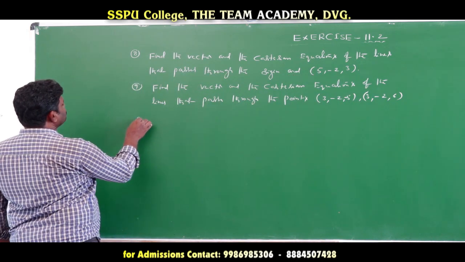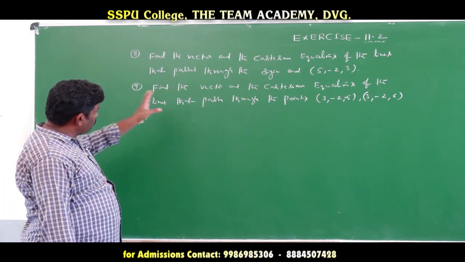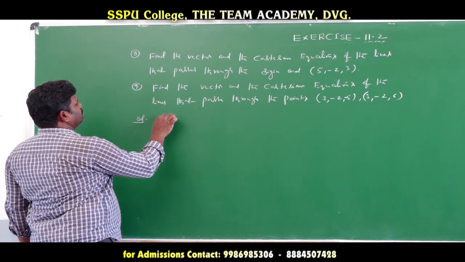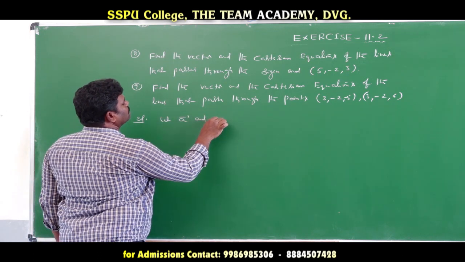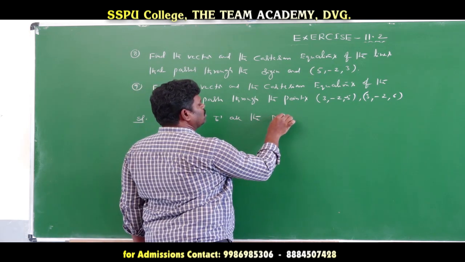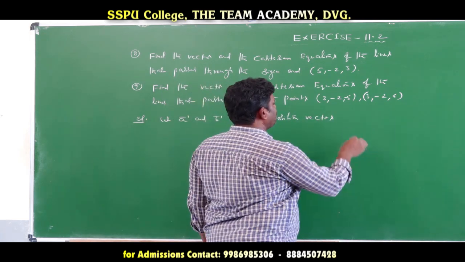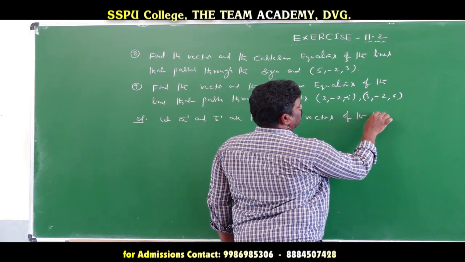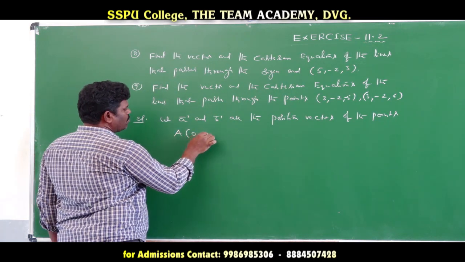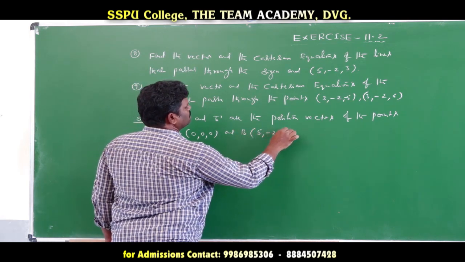So the 8th question answer. Here it is given: find the vector and Cartesian equation of the line that passes through the origin and one other point. So first, let a bar and b bar be the position vectors of the points, origin A of 0 comma 0 comma 0 and B of 5 comma minus 2 comma 3.